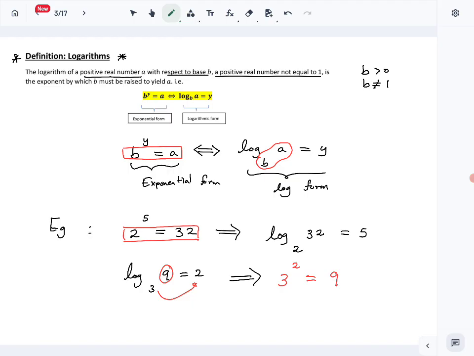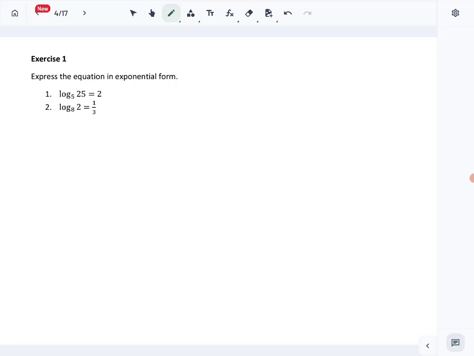So you need to know how to go in both directions, exponential to log, then log to exponential, right? We'll do some more examples. So here log form is given, you want to convert it into exponential form. So how do you do it? Base raised to this number.